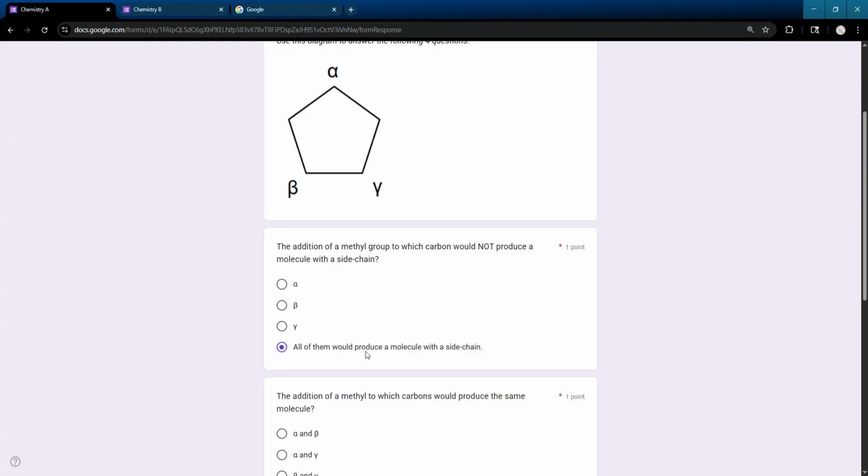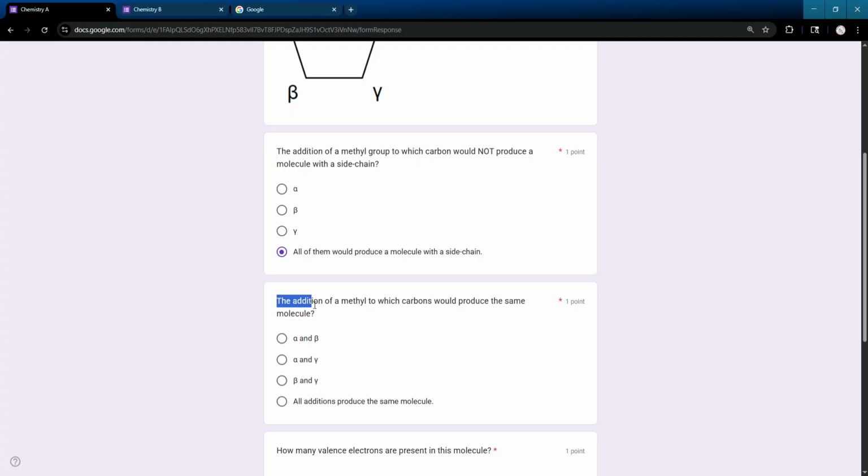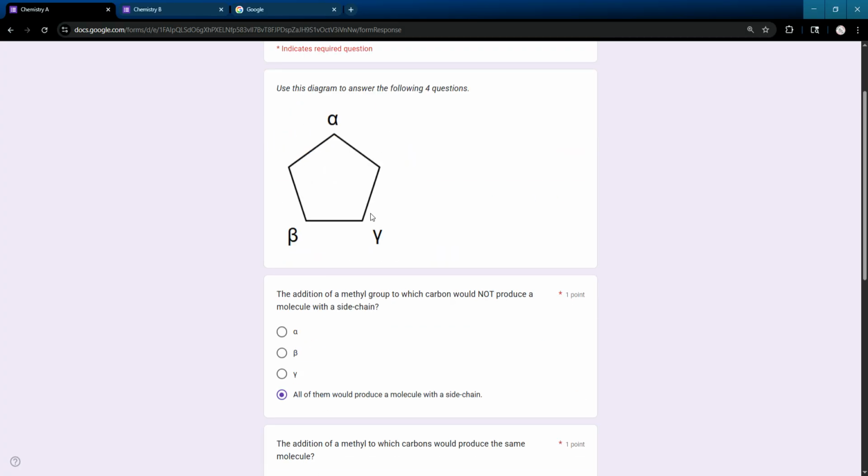All of the above would produce a molecule with a side chain, because there is no difference. Oh, there is a difference.